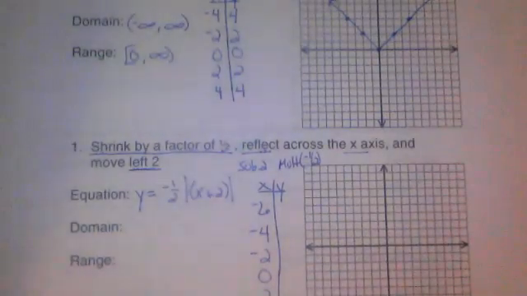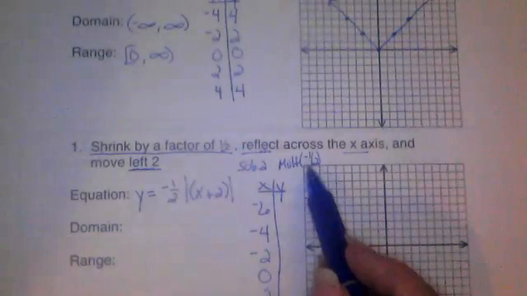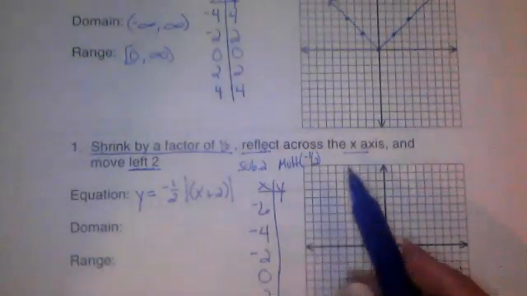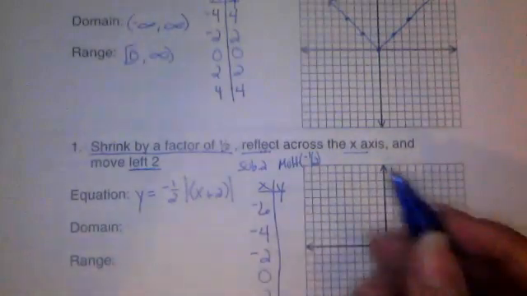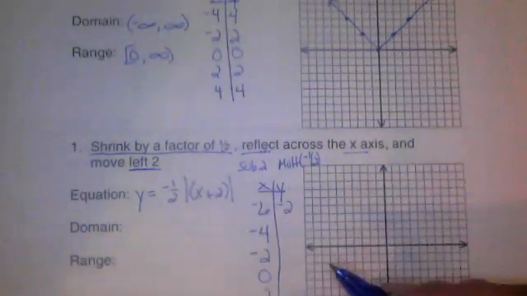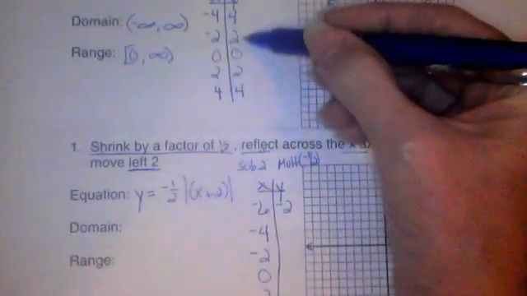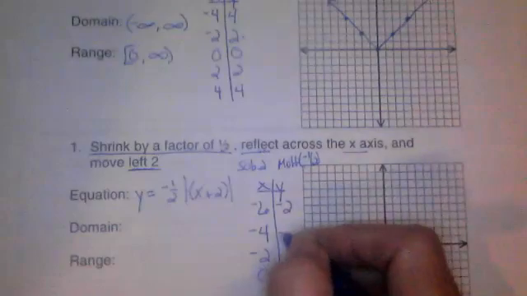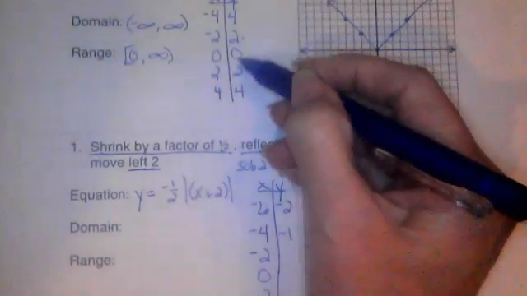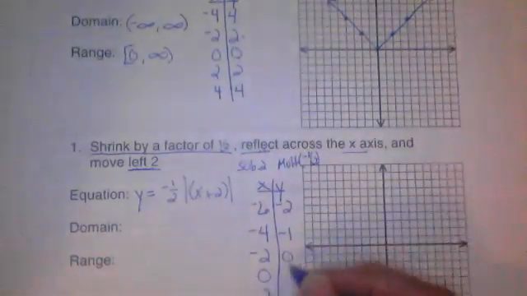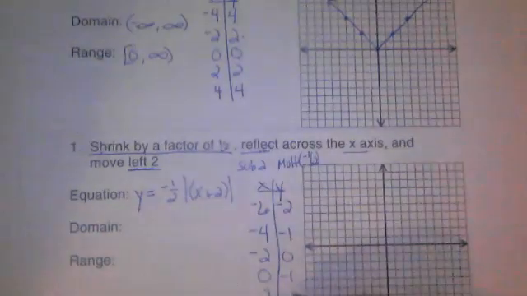And then for our y values, we're going to multiply by -1/2 or divide by -2. So 4 divided by -2 or times -1/2 would be -2. And then 2 times -1/2 or divided by -2 would be -1. 0 would be 0. And then we have 2 again and 4 again.